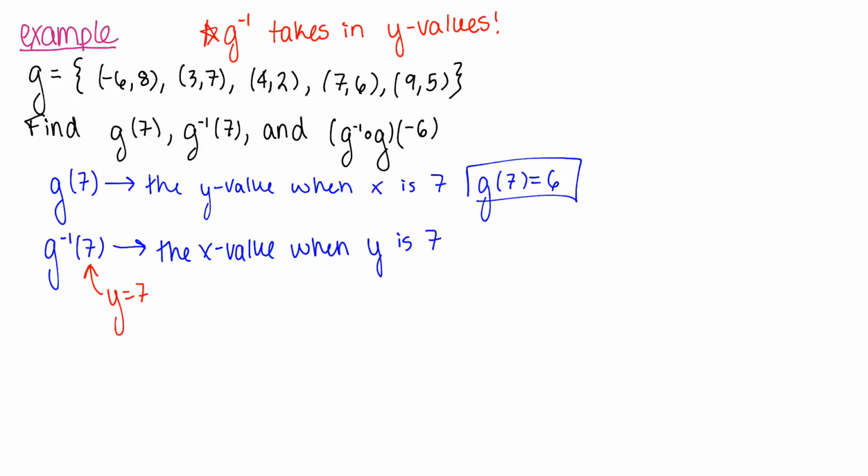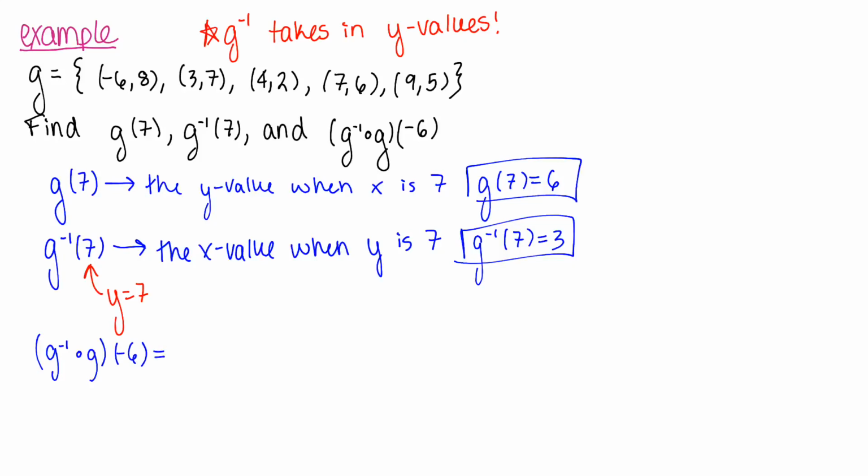So I'm now looking for places where y is equal to 7, and that's right here. Y is 7 on the point 3, 7. The x value is 3, so we can say that g inverse of 7 is equal to 3.